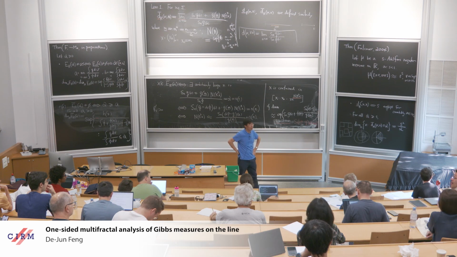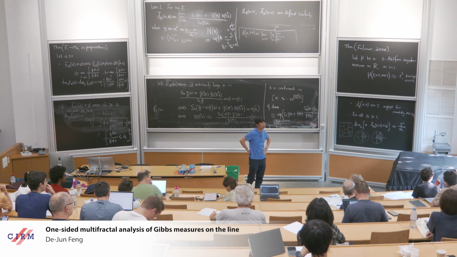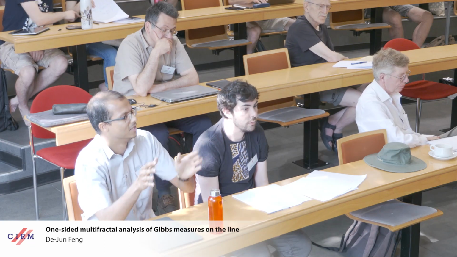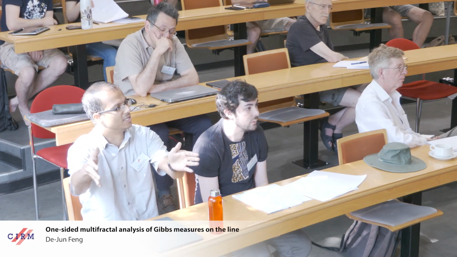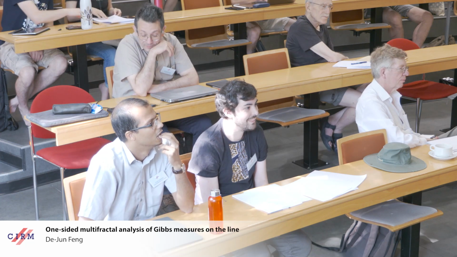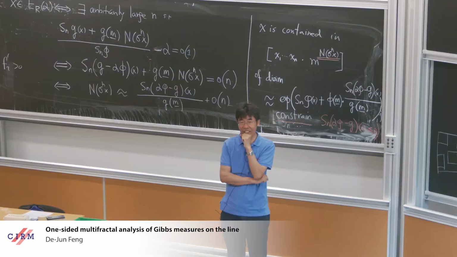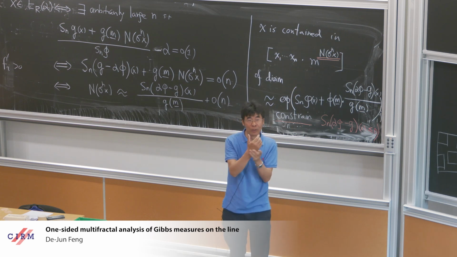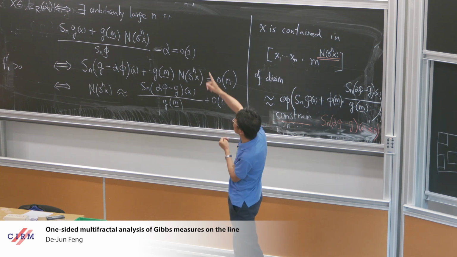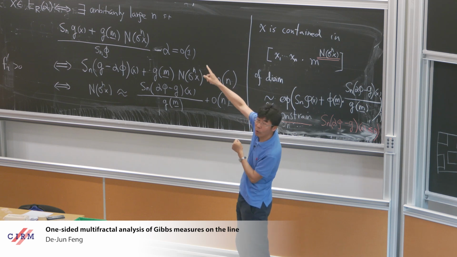Can you do similarly for the one-sided interval between x plus r over 2 and x plus r? Let me think. Good question, I think we can handle it. The only thing is that we need to find the expression that we give in Lemma 1 in that case.